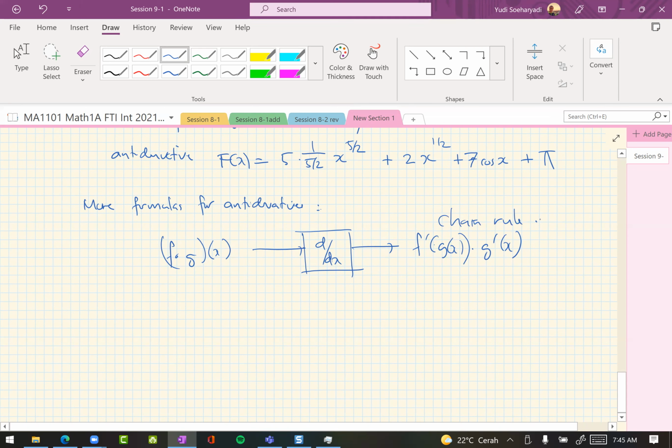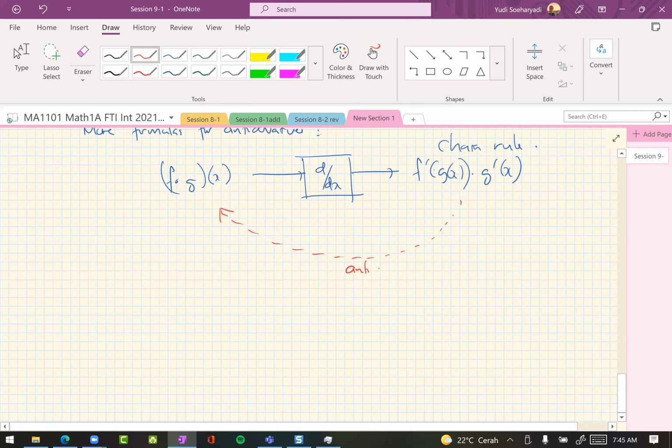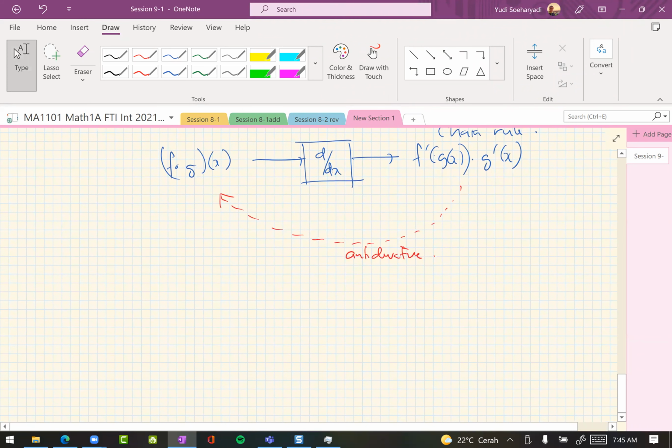So the question is, what antiderivative gives you this one? For example, if you have something that looks like this one, let's just make an antiderivative of f, for example.